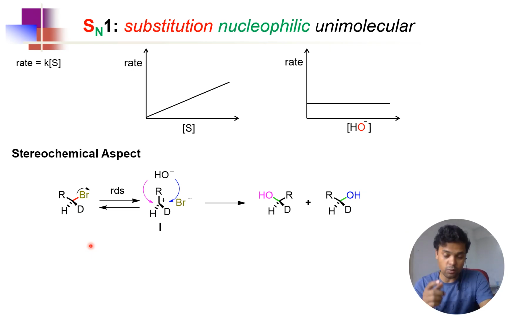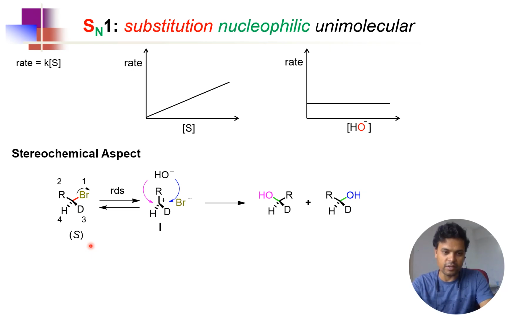For example, if the bromine leaving the molecule is the first priority group, then the OH minus coming in as a nucleophile should be the first priority as well. If it is not, then the R I talked about will change to S, and the excess of S may not be valid, so it may be R as well. But you always have a certain excess of the other enantiomer, which is of opposite chirality.